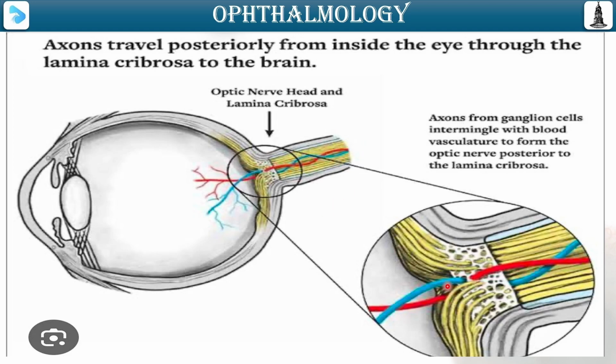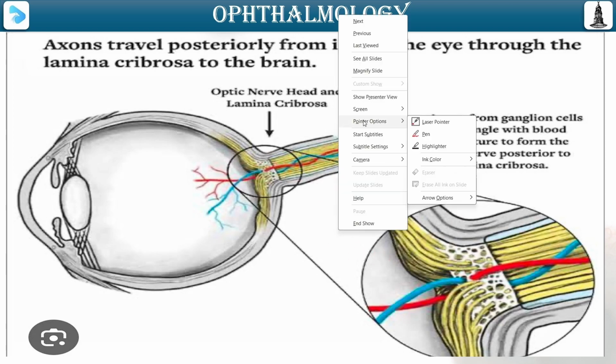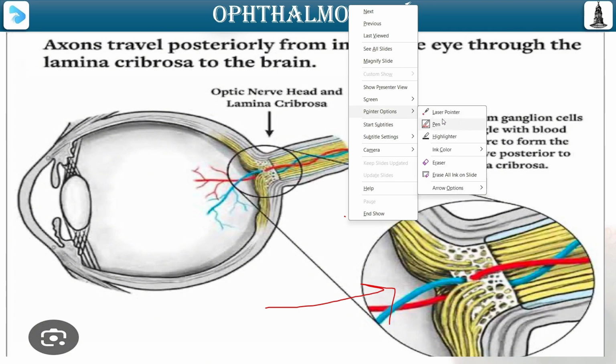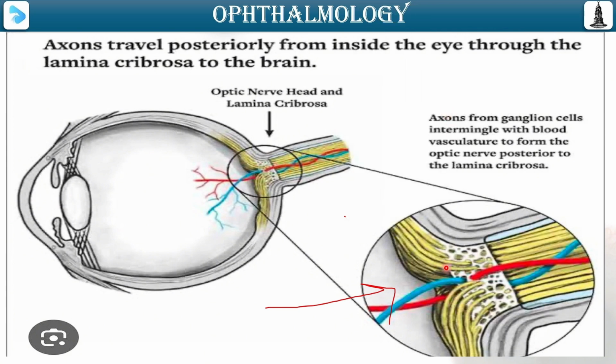But if we look at the optic nerve in this close picture, you would see that these are nerve cells and there are blood vessels moving along with them. So it's not a true nerve, it's just a tract of the CNS.